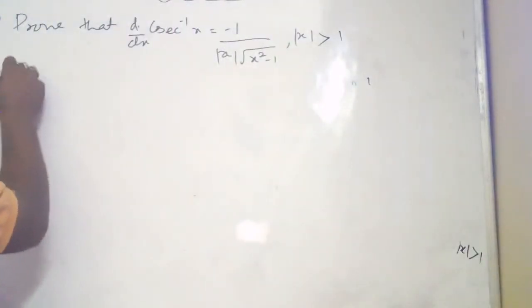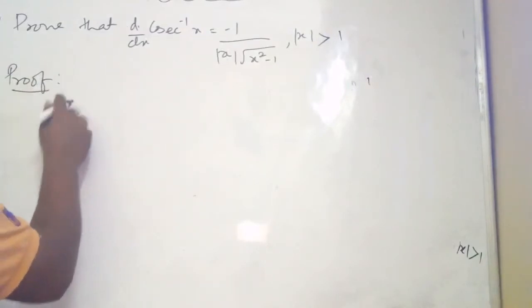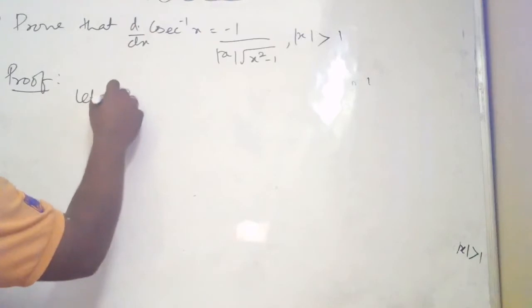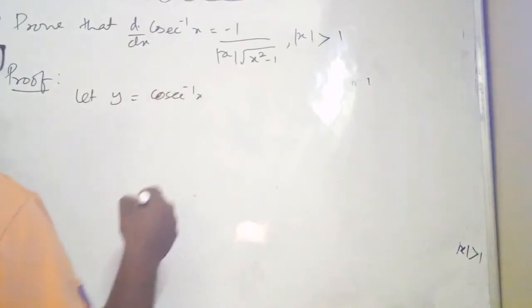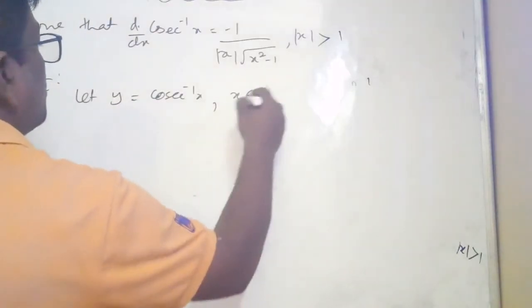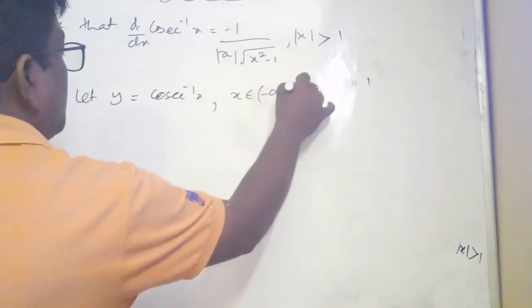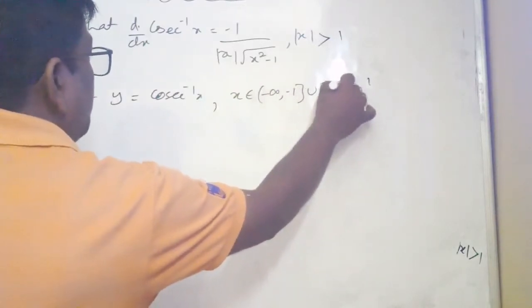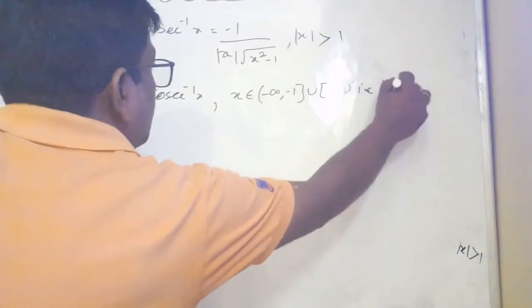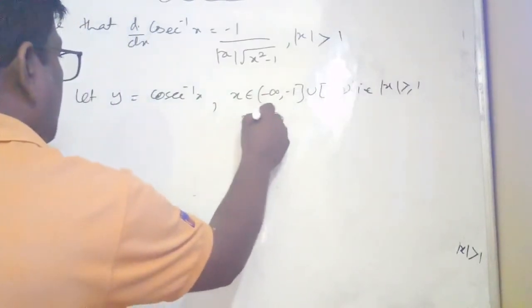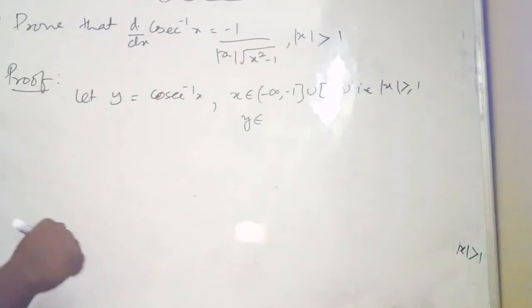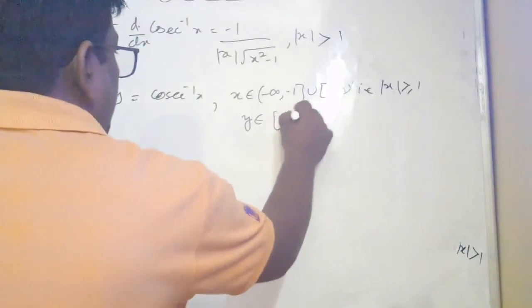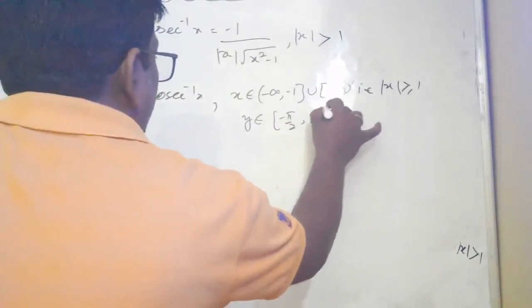Okay, now proof: let y is equal to cosec inverse x, where x belongs to minus infinity to minus 1 union 1 to infinity, that is mod x greater than or equal to 1, and y belongs to minus pi by 2 to pi by 2, excluding 0.